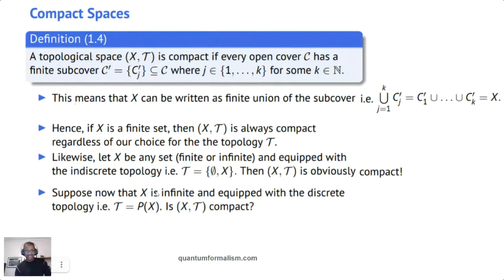So now the trickiest one is this one. Suppose that X is infinite and equipped with the discrete topology. By that, we mean that the topology is the entire power set, so all the subsets of X. The question is, is this space compact? Is this topology compact? Who thinks it's compact? Are you sure?